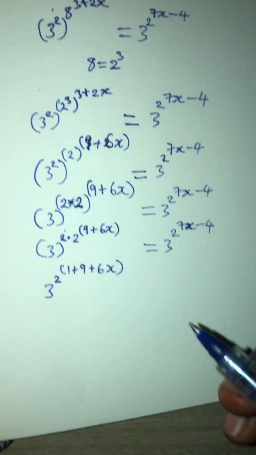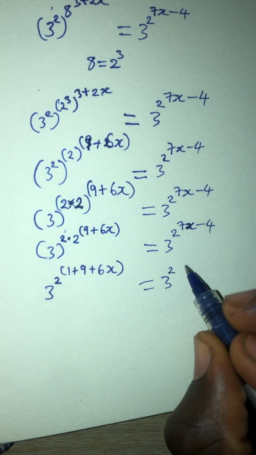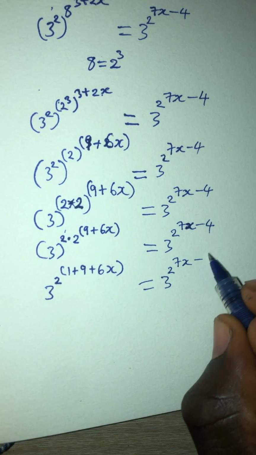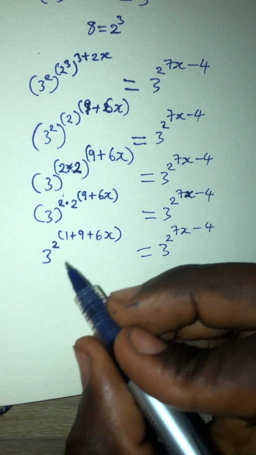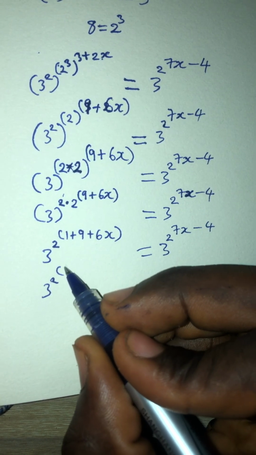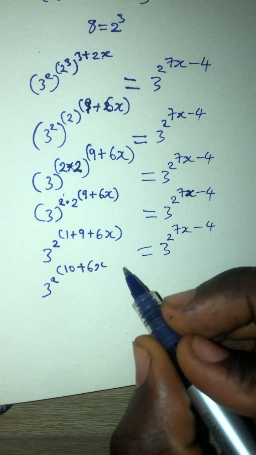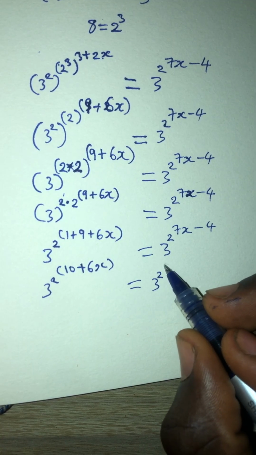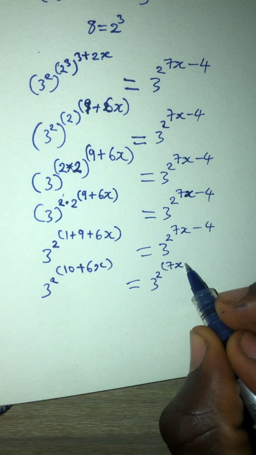This is equal to 3 raised to power 2 raised to power 7x minus 4. And this is equal to 3 raised to power 2 raised to power 10 plus 6x is equal to 3 raised to power 2 raised to power 7x minus 4.